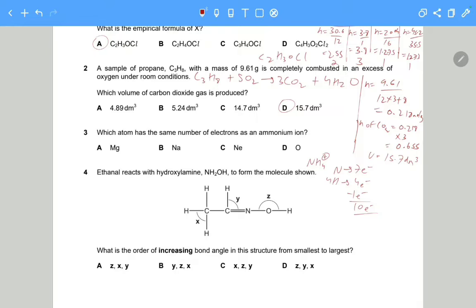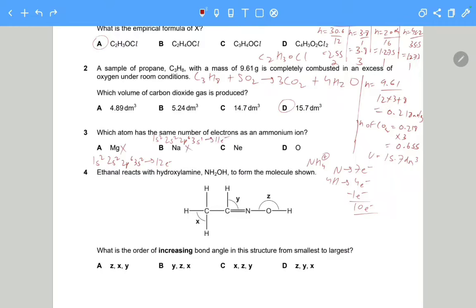So magnesium, let's write out the electronic configuration: 1s2, 2s2, 2p6, 3s2. If you look at the periodic table, magnesium is 12, so you will know how to write the electronic configuration for that. This is 12 electrons, so magnesium is not the answer. Sodium, 1s2, 2s2, 2p6, 3s1, and that's 11 electrons.